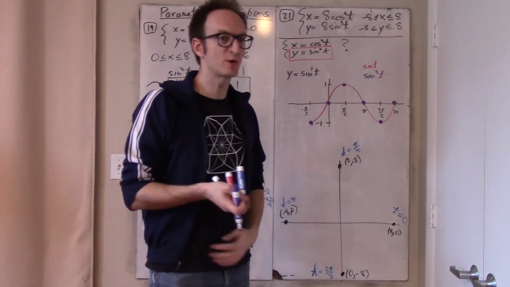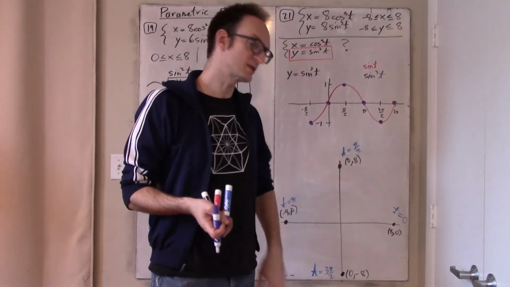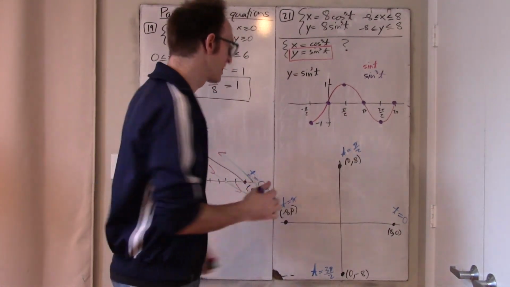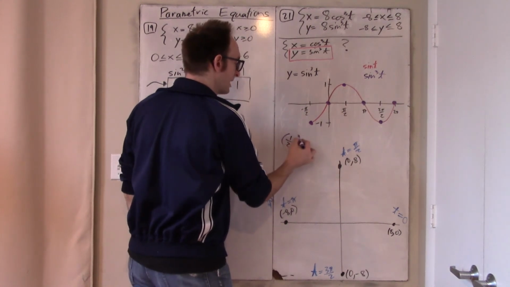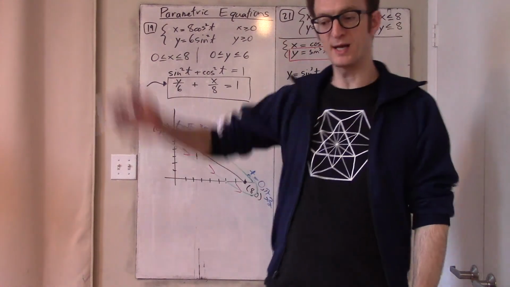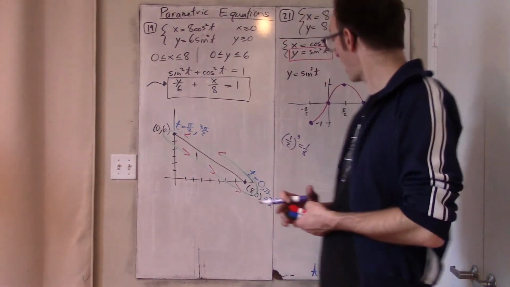Well, in general, when you cube a number, you probably think it gets bigger, right? 2 cubed is 8. 3 cubed is 27. That's true, but not for numbers between 0 and 1. When you cube a number between 0 and 1, like 1/2 say, then you get 1/8. And so cubing a number is a process which makes numbers between 0 and 1 smaller.